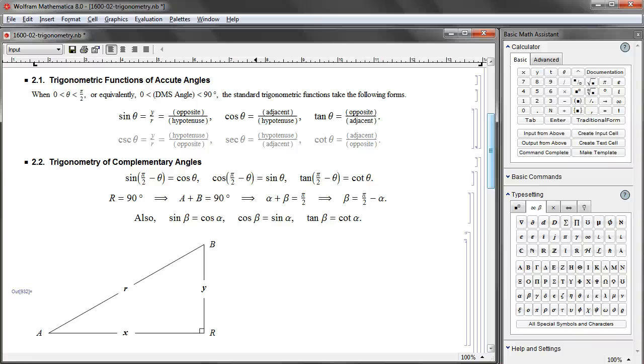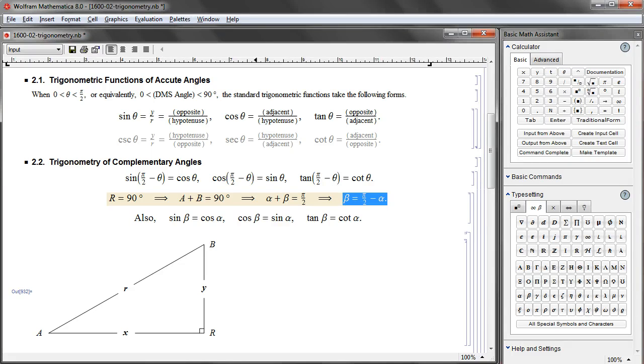Then the sum of the angles in radian measures must add up to pi over 2. As a matter of fact, if you use degree measure, then the angles must add up to 90 degrees. These two plus another 90 degrees will be 180 degrees. Remember, the internal angles of triangles must add up to 180 degrees total, or pi in terms of radian measure. So what do you get? Flip alpha to the other side, then beta is pi over 2 minus alpha.